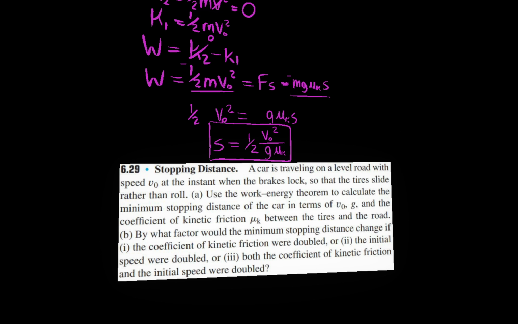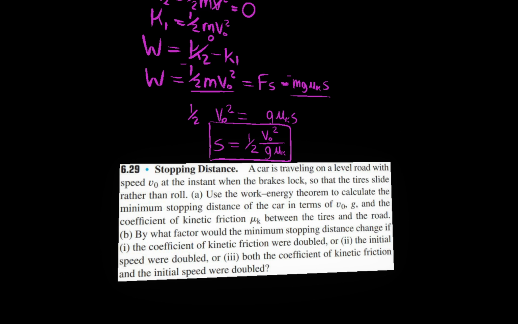If you're thinking about it in real terms, if the friction between the tires and the road had doubled, then the stopping distance is cut in half. If the initial speed were doubled, the car is going twice as fast, well, speed is squared here, so the stopping distance would quadruple. It would be 4 times.